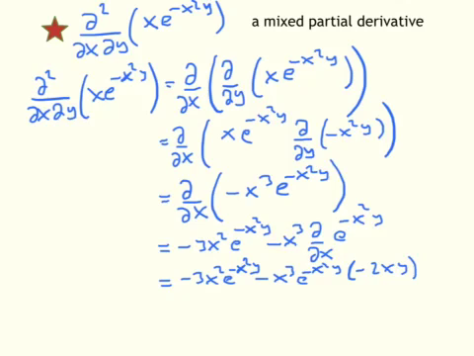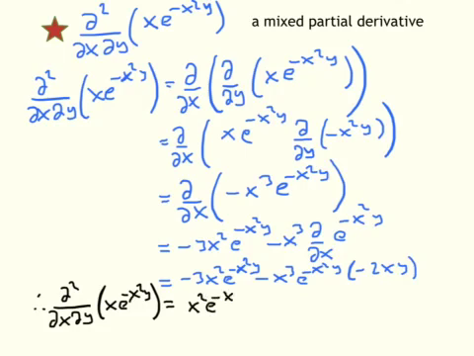And what we find is that the mixed partial derivative d2 by dx dy of brackets x e to the minus x squared y is, now here we have a factor of x squared and an exponential. Here we can take out an x squared and we have the exponential, so they are common factors, so let's pull those out immediately. So we have x squared e to the minus x squared y, open brackets.